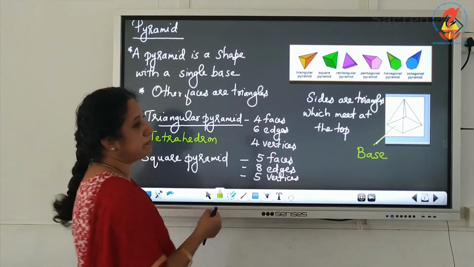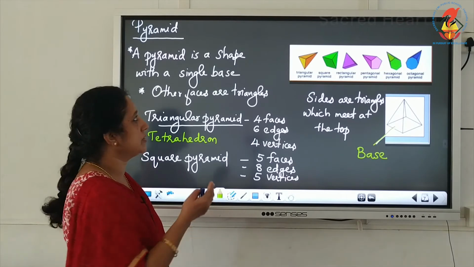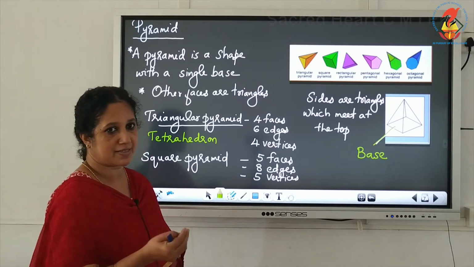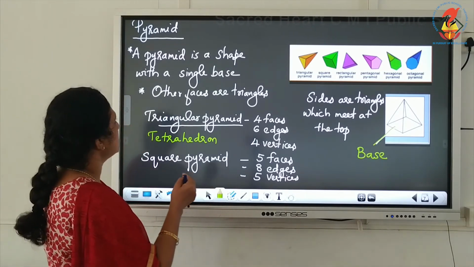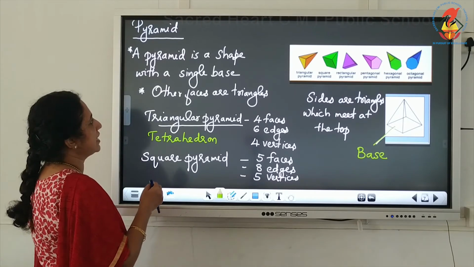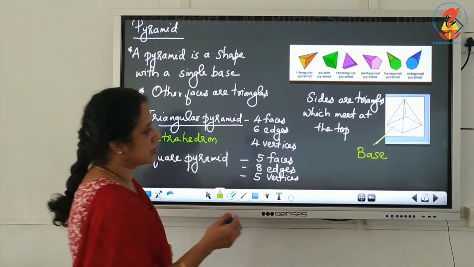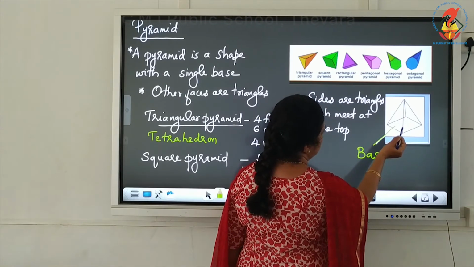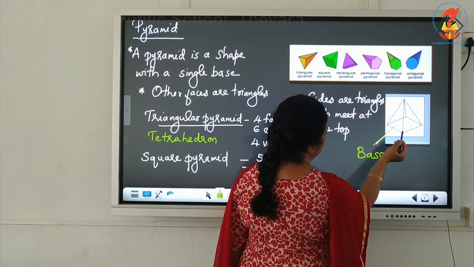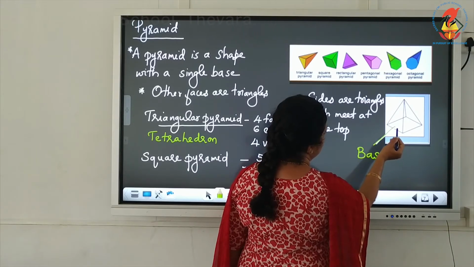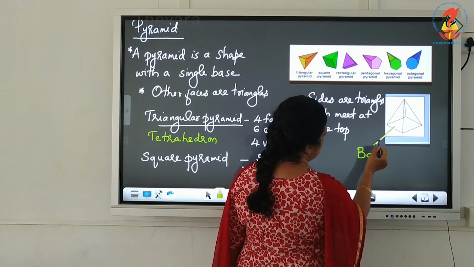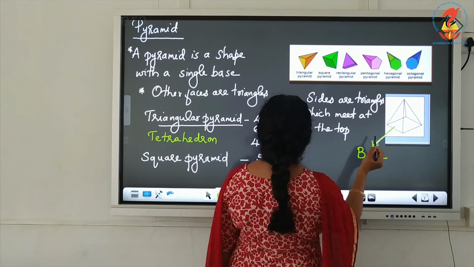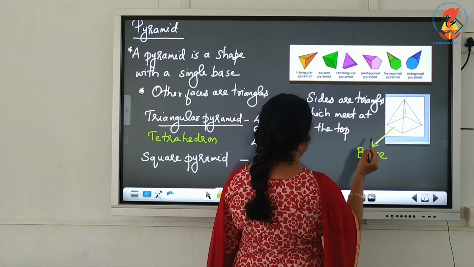Now the next one is a pyramid. You have already heard about this name, Egyptian pyramids, etc. A pyramid is a shape with a single base. This is the picture of a pyramid, and you can see the base.